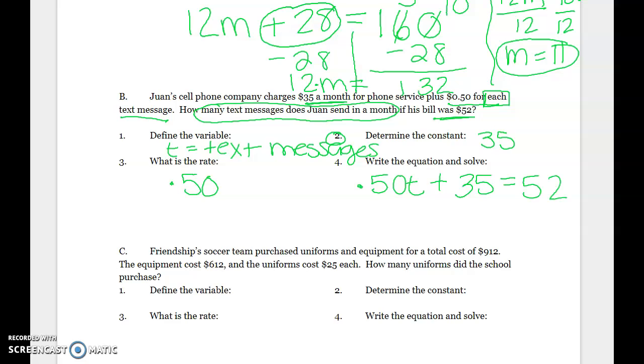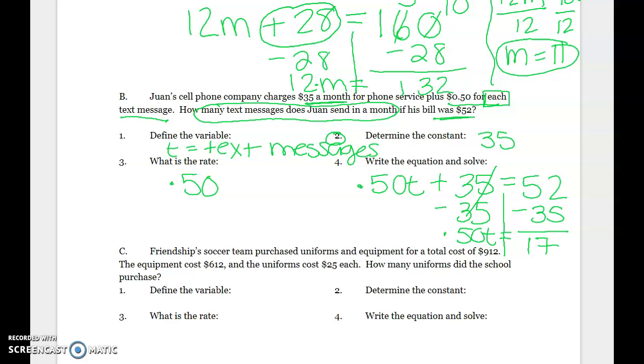So now I want to solve and see how many texts I sent in that month to get that $52 bill. So my first step is I want to undo adding 35. So I'm going to subtract 35 from both sides. Now I have 0.50t equals 52 minus 35, which is 17.